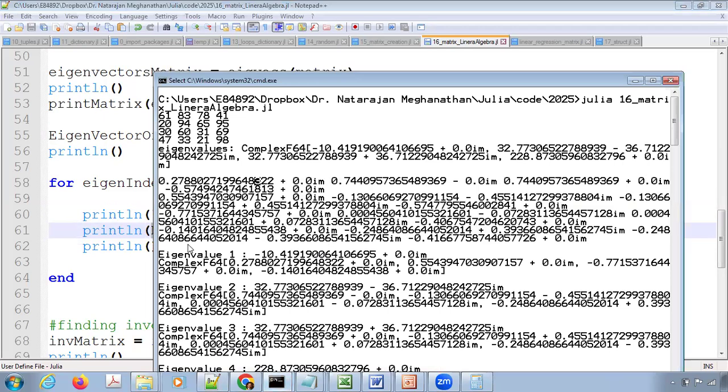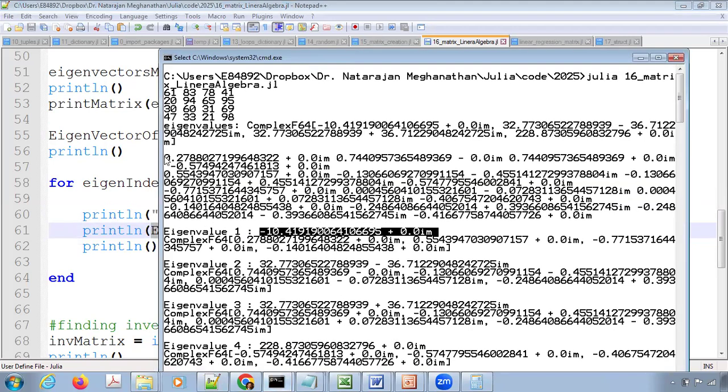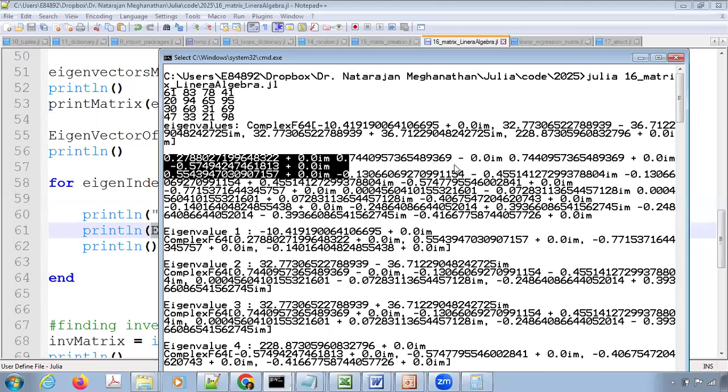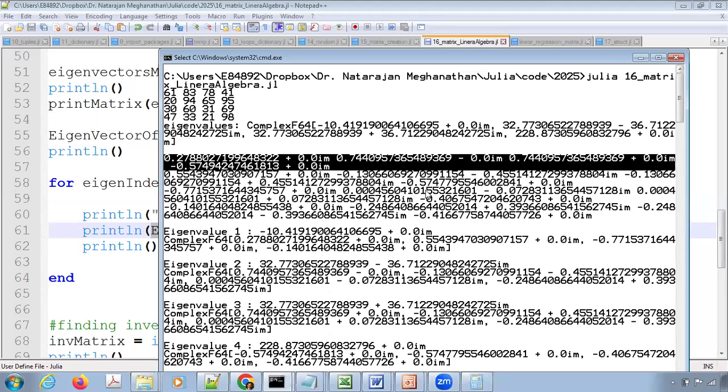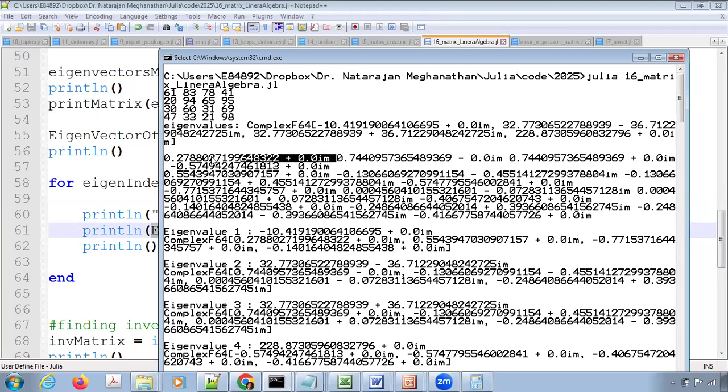So if you go back to the output, this is the first eigenvalue. That's what is getting printed here. The first column is going to comprise of this in row 1. This is our element in the first column. Then that's what is getting printed here, 0.278.